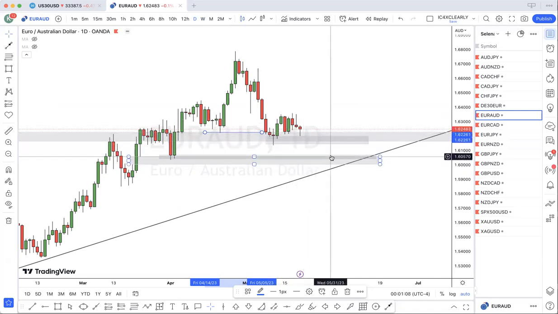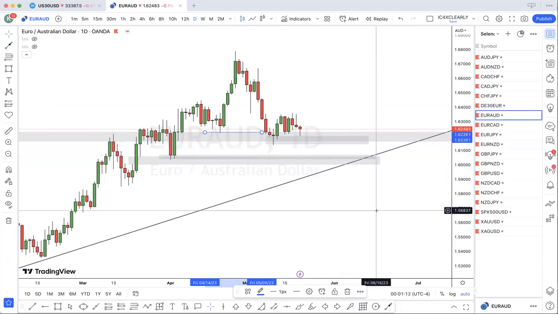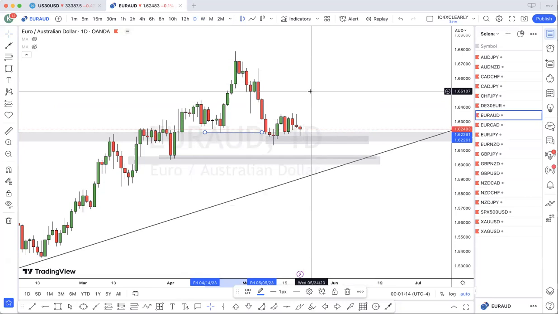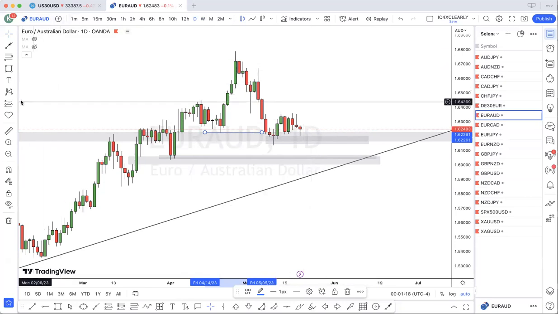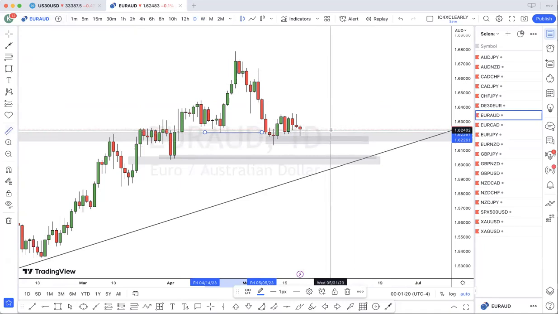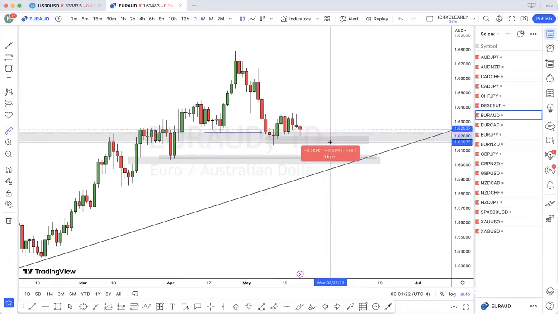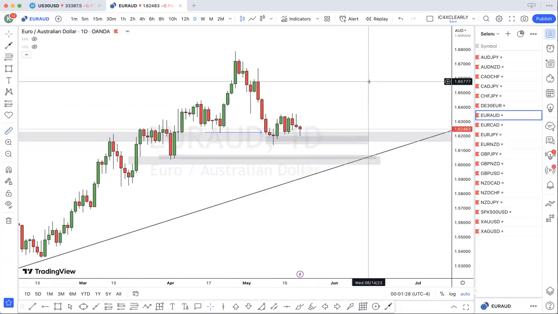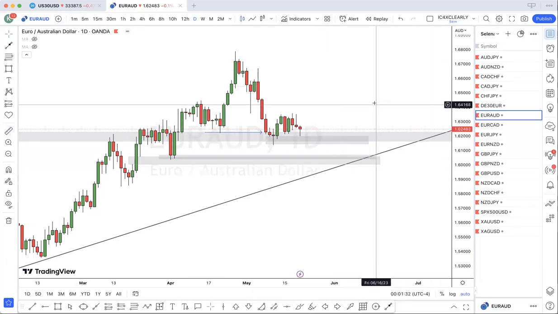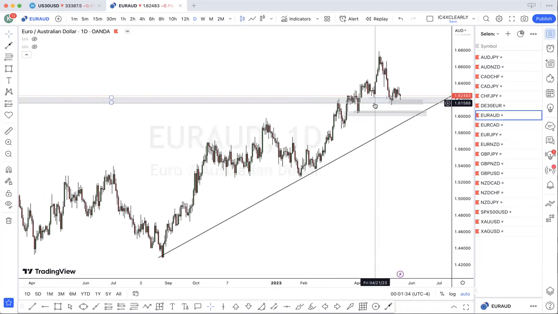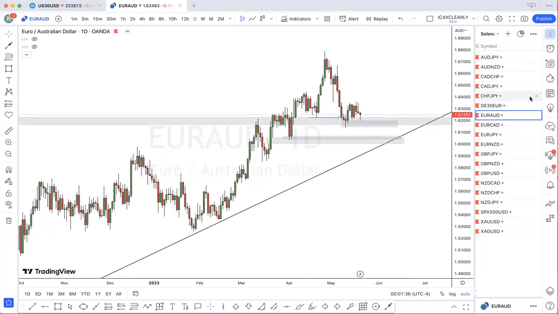So it may push down to here and either push back and then drop or come back and fill this imbalance. So from where current price is, we're talking about maybe 185 pips, which would be great for the week.